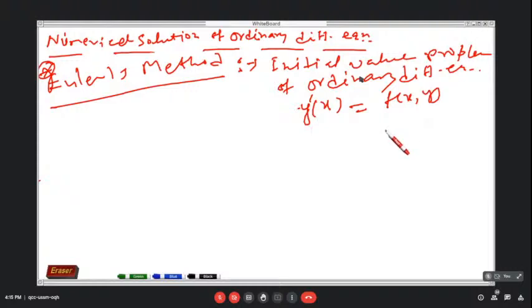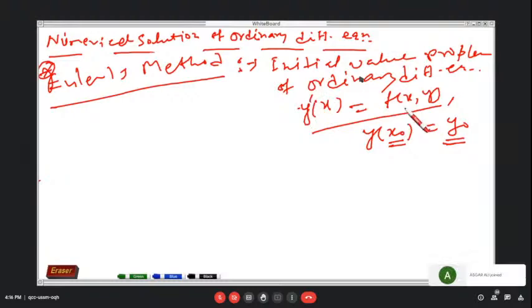This is your differential equation, a first order differential equation, and this is given. At x is equal to x0, you know the value of y is y0.